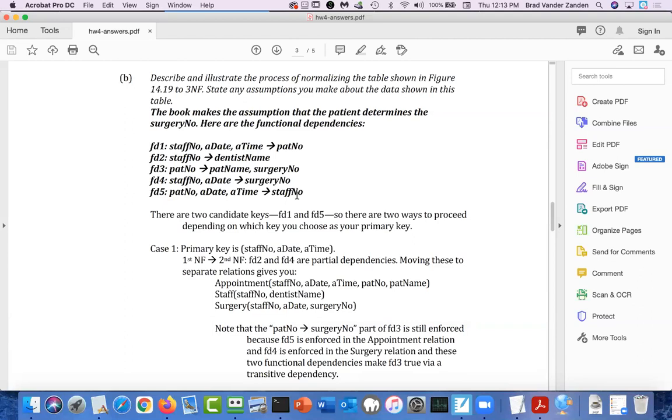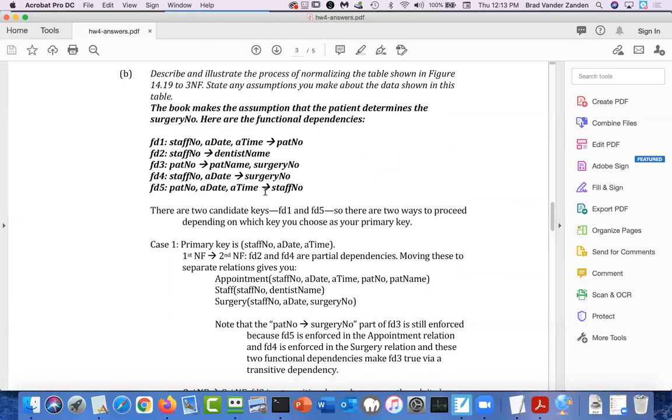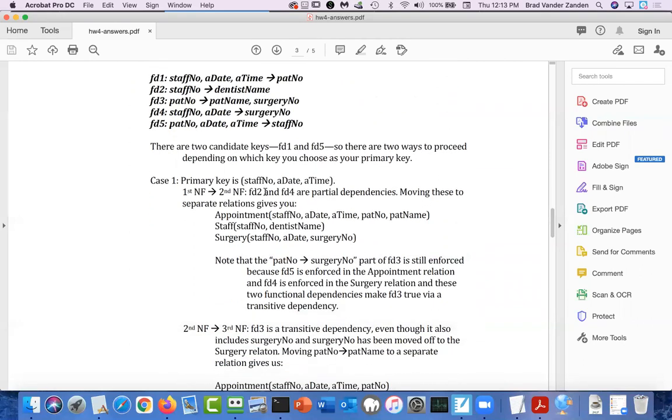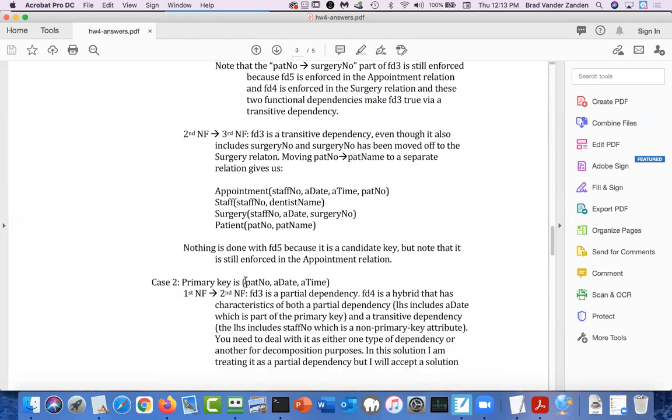So the issue that could come up was if you chose the primary key to be the patient number, the appointment date, and the appointment time.